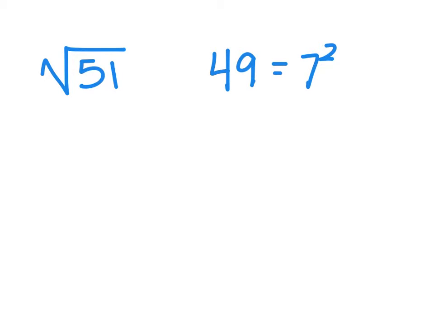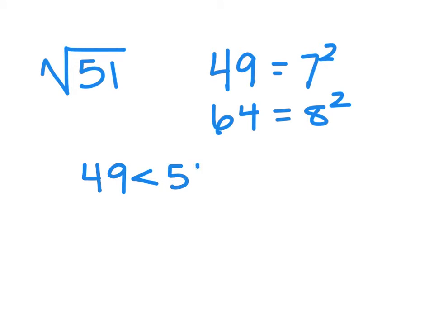The perfect square closest to but greater than 51 would be 64, or 8 squared. We can express this information by writing what's called a compound inequality. We'll start with 49 is less than 51, which is less than 64. Makes sense that it's a compound inequality because we have more than one inequality sign here.